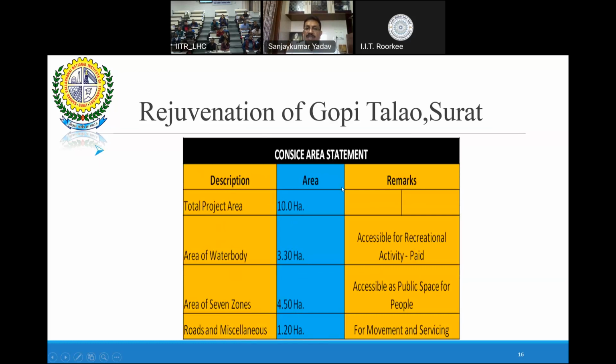So this area statement, because if you have seen the 2011 Google image and then you see this particular area, you will definitely realize in which way this development has been carried out.